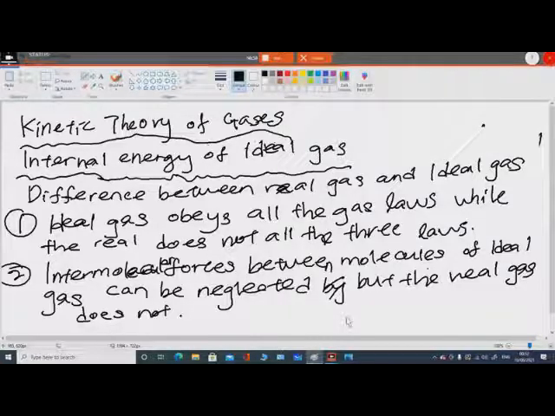It means there are no intermolecular forces between the molecules. For real gases, there are intermolecular forces which cannot be neglected. So this is the difference between the ideal gas and the real gas.